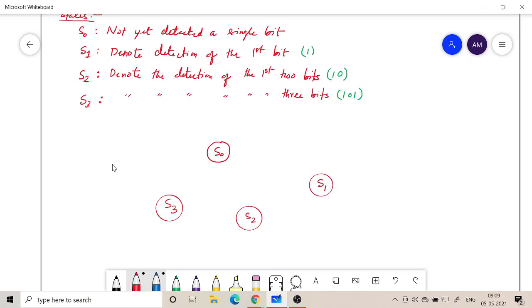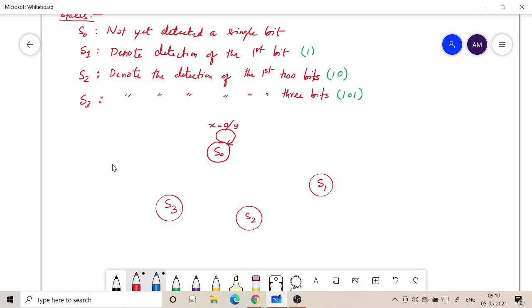Okay, so what is S0? No detection. So when we are here, if 0 is coming, I am not making any progress. So I will denote it as 0 is coming, and so this means x equal to 0. When we are here, if continually x equal to 0, then we will continue to remain here.